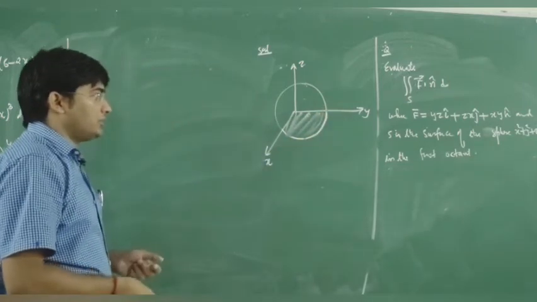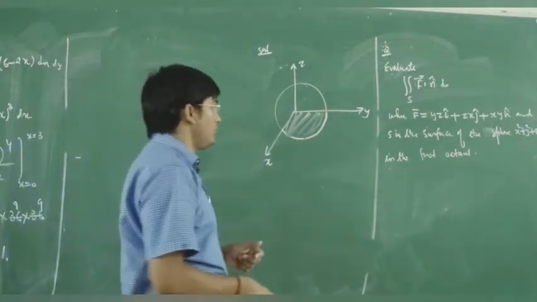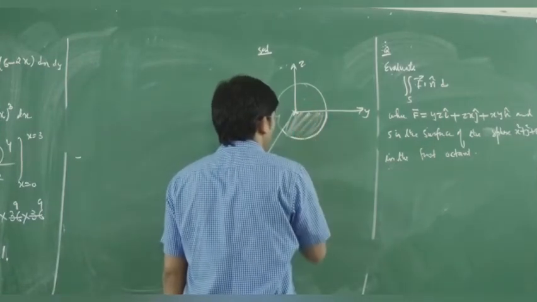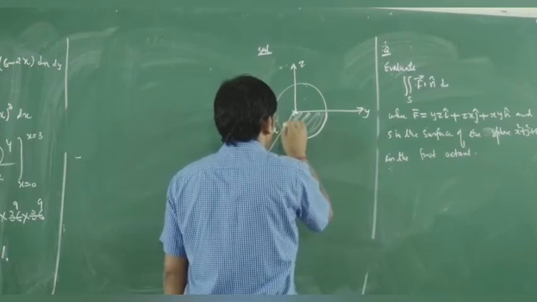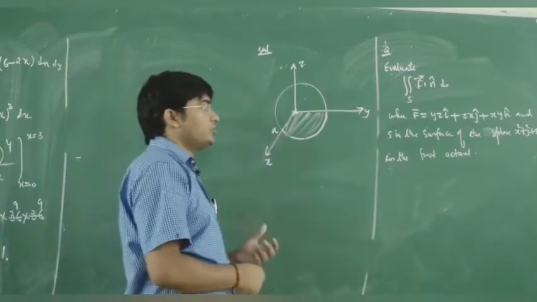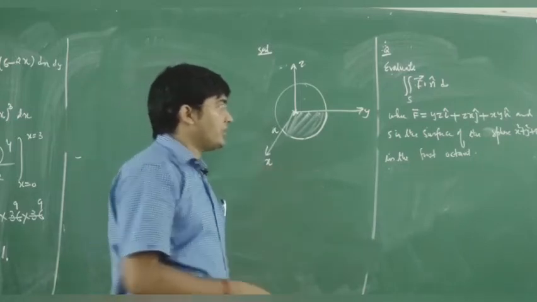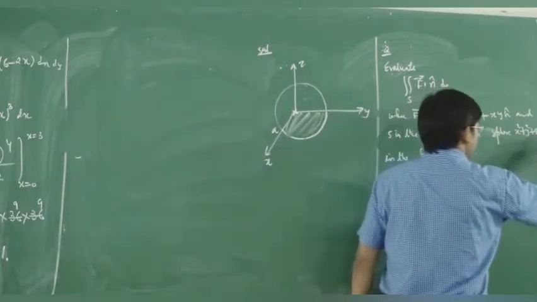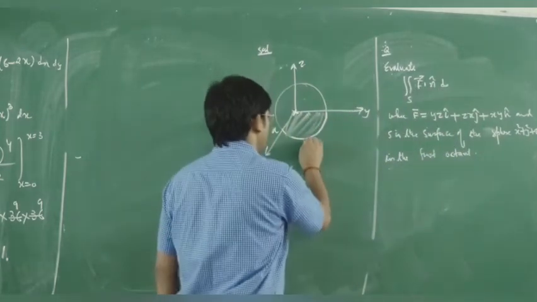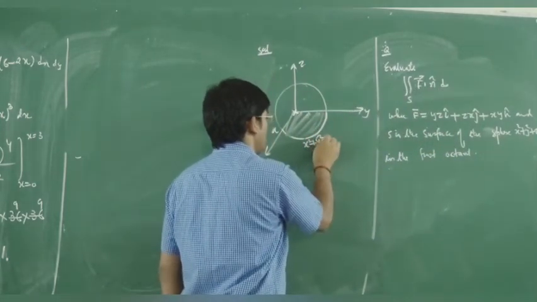This is the part of the sphere which is included in the first octant. Now for this part, you can see that x will be from 0 to a, and y will be from 0 to... the right hand side is a square, not 1. And this will be your circle x square plus y square equal to a square.